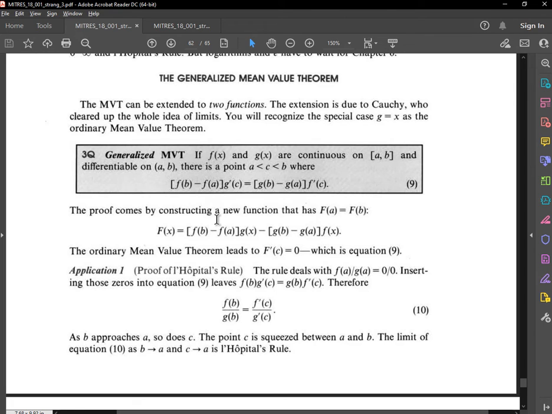And if you work this out, big F of a is equal to big F of b. Just work it out, everything cancels. But then you can use Rolle's theorem, and that means that there's a point c where the derivative of this is 0. And if you unpack what the derivative of this function is, it's exactly f of b minus f of a times g prime minus g of b minus g of a times f prime. Okay?